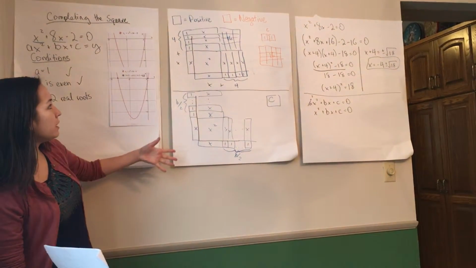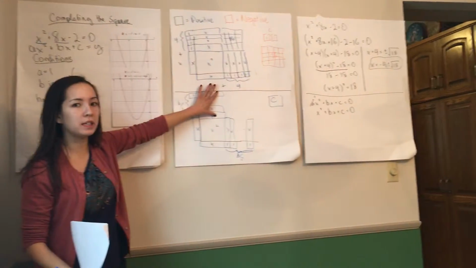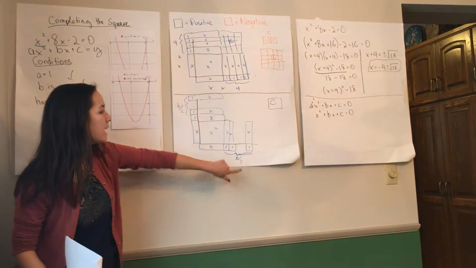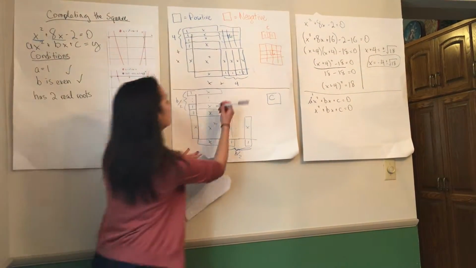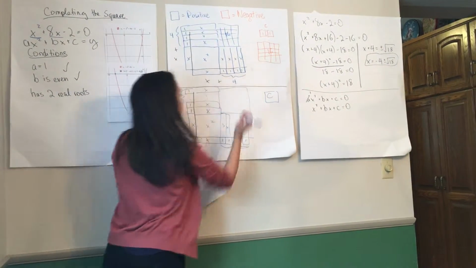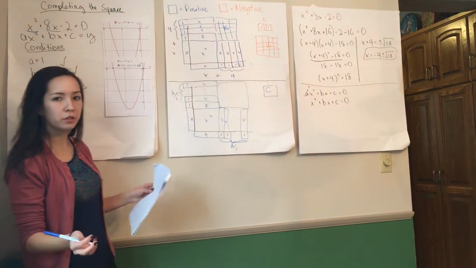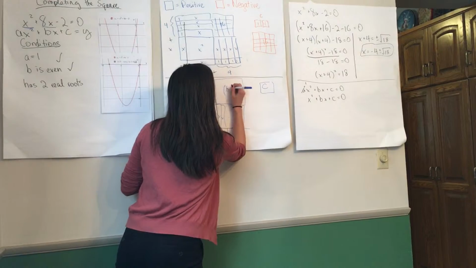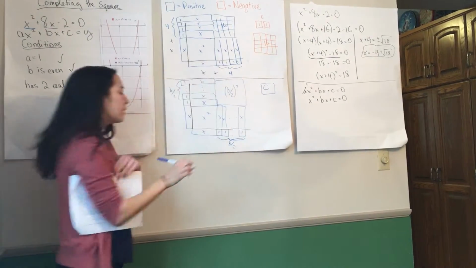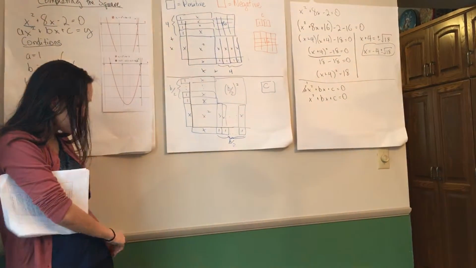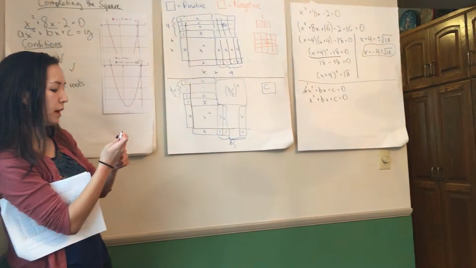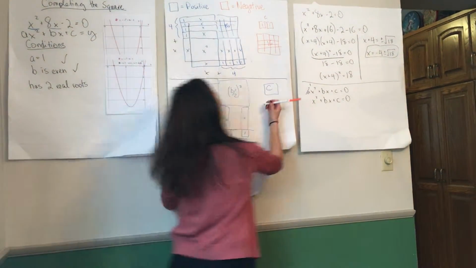So again, completing the square, how many unit tiles do we need here? We have b over 2 on this side, b over 2 on this side. So we're going to need to add in b over 2 times b over 2, or b over 2 squared. And if we're adding in b over 2 squared tiles, we better subtract b over 2 squared tiles as well.